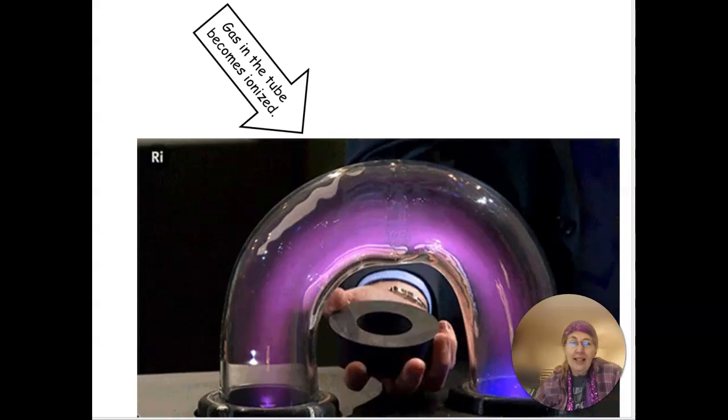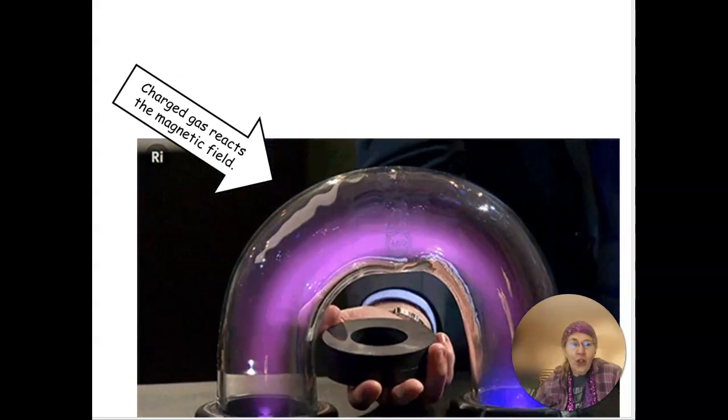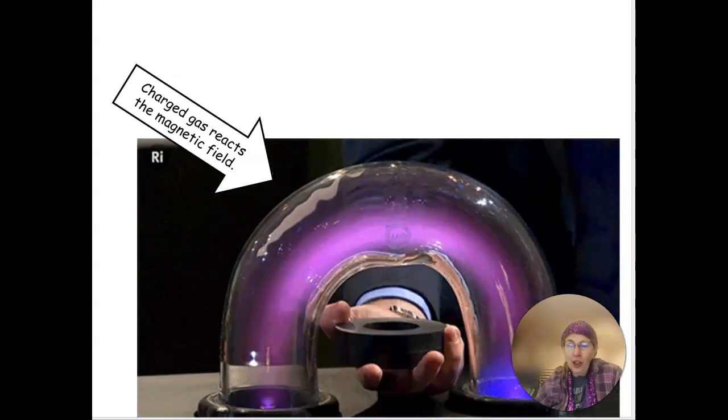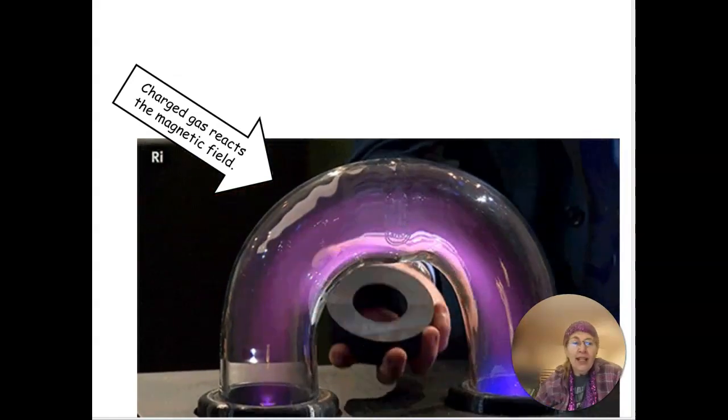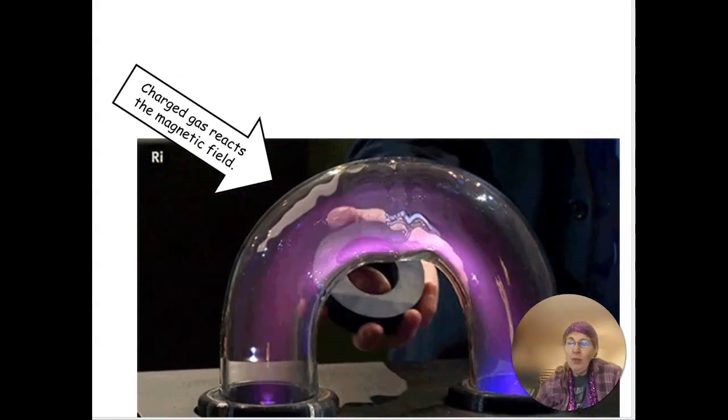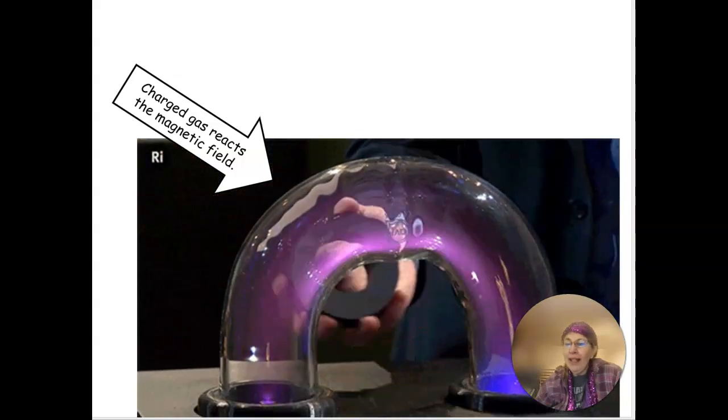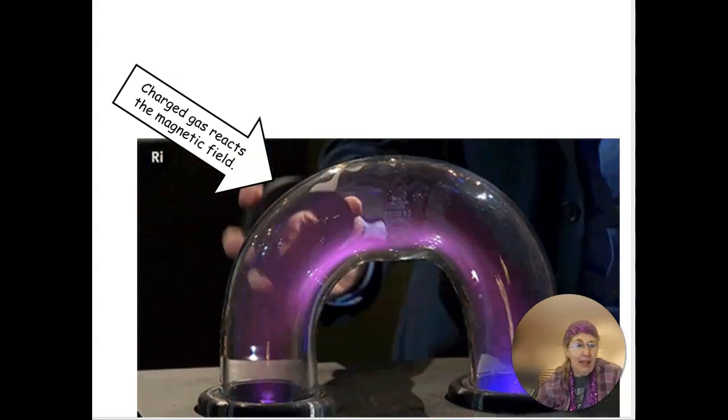So being ionized means has a charge. So the magnet causes the charged plasma to glow. And so we will talk about electromagnetism next semester, but the ionized gas within the tube is reacting to the magnetic field that's being produced by the magnet.